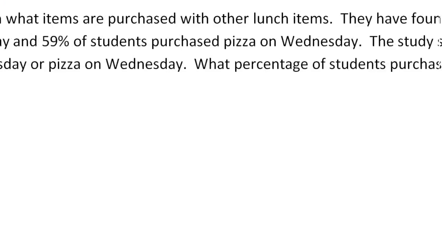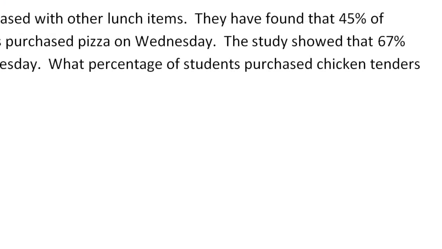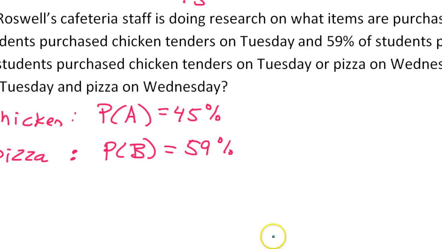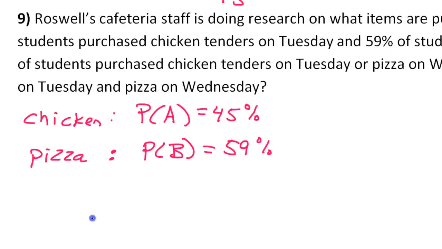Okay, what else did they say? The study showed that 67% of students purchase chicken tenders or pizza on Wednesday. So we're talking about now a situation of chicken or pizza.